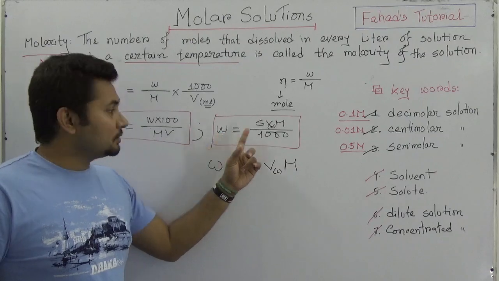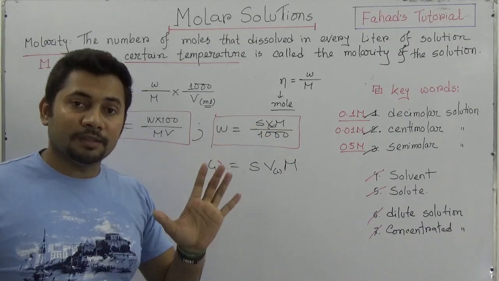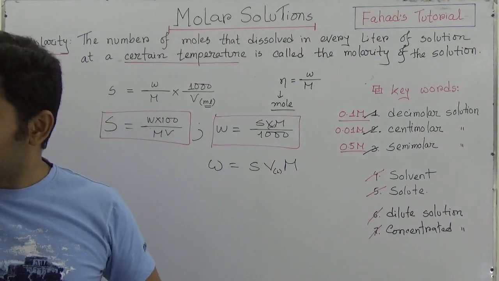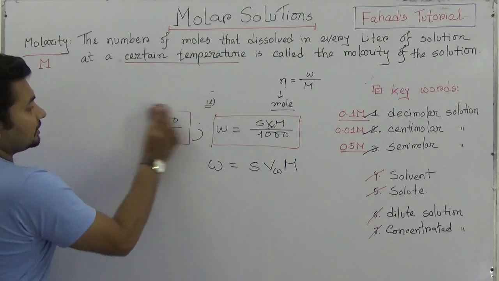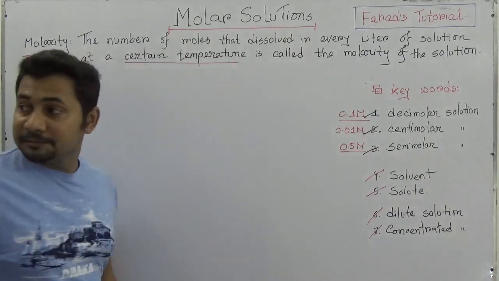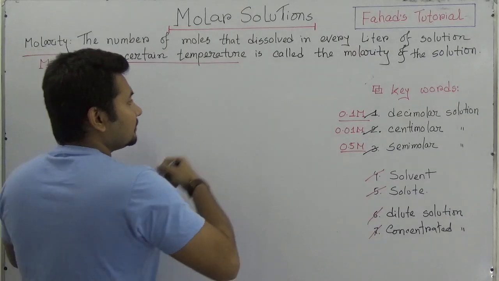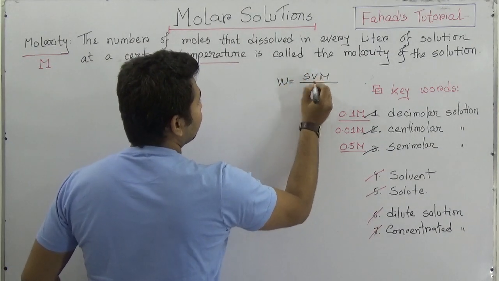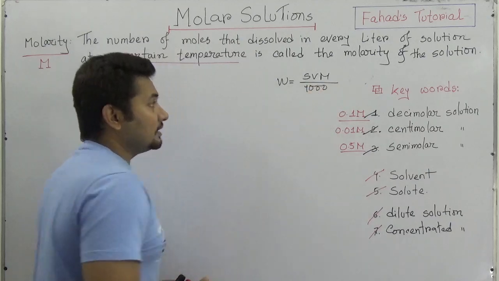So W equals SVM by 1000, and from now on we will use this equation, W equal to SVM by 1000.